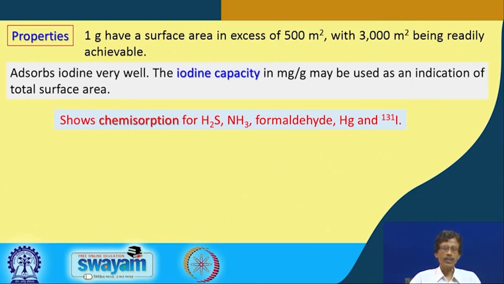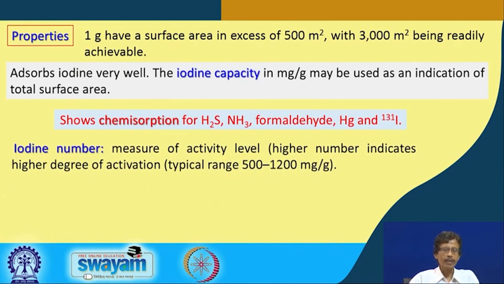We can see that H2S, ammonia-like gases, formaldehyde, the formalin-like liquid, mercury as a metallic liquid form, and the iodine-131 isotope can show this. Sometimes isotopic separation can also be achieved. If we try to enrich that particular isotope, we can go for this type of chemisorption by activated carbon, which can be prepared industrially.